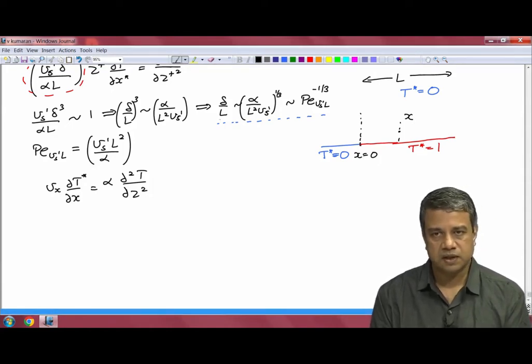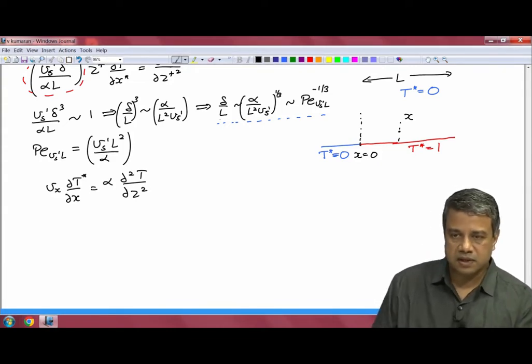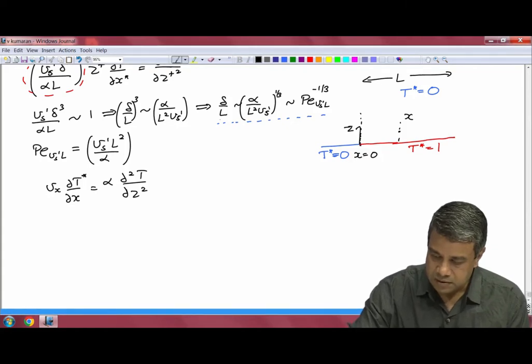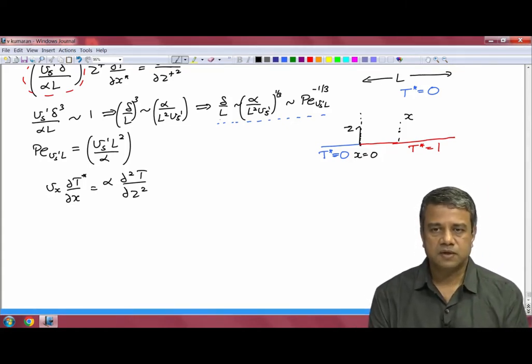There is no diffusion in the x direction; diffusion is only in the z direction. So, I can assume that at a given location x, the temperature field depends only upon the distance x itself and not on the distance L.